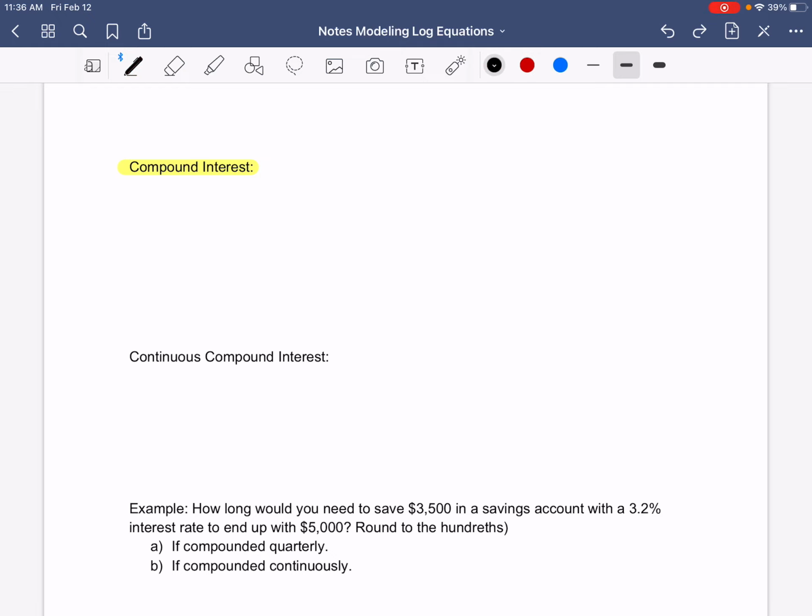So the formula for compound interest is A equals P parentheses 1 plus r over n to the power of nt. All right, so here's what these things stand for.